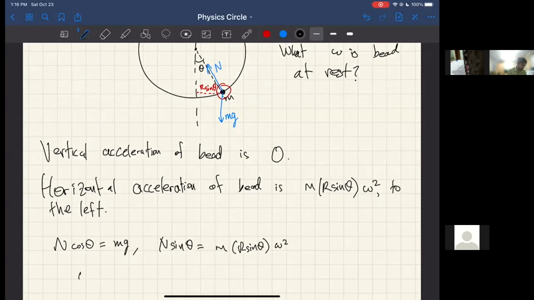This implies that omega is equal to... if you just solve it, I think this is what you get. So the omega you need is root g over r cos theta. Is this clear?